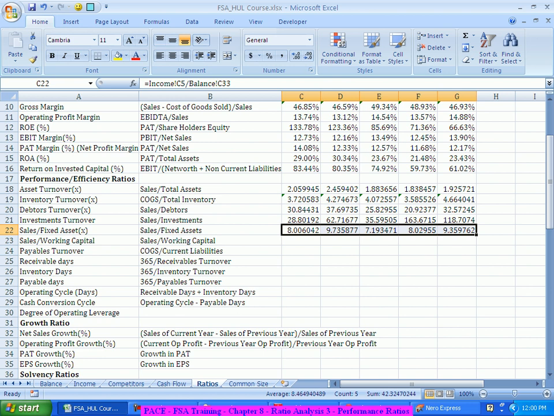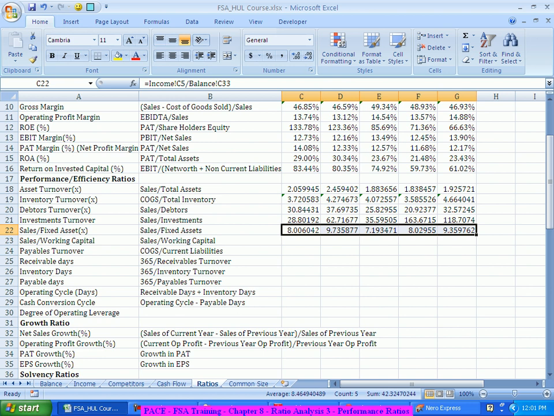Like that, see, for a manufacturing company, the machines, the plants, the buildings, right? They are all the key. Vehicles, whatever. They are all the key in terms of generating the sales. So how effective they are? Because all these ratios are efficiency oriented ratios. Right? How effective they are. Correct?